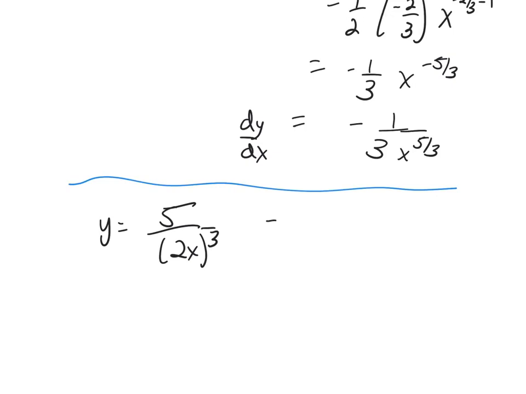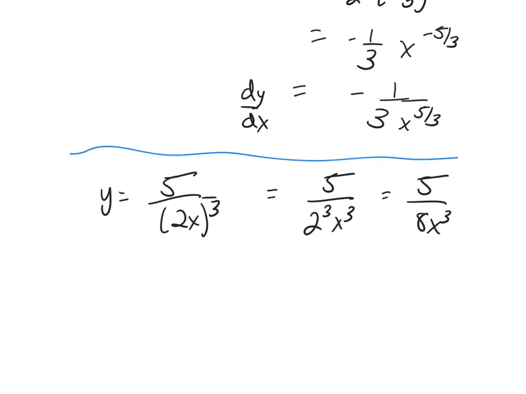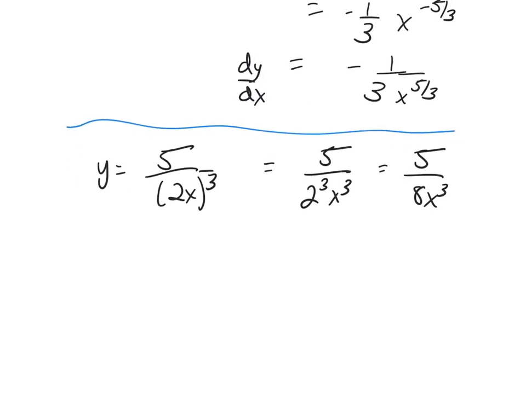You need to have it so you have x to a power by itself. So this would be 5 over 2 cubed x cubed. It's the same thing as 5 over 8x cubed. So now you can move it to the numerator, 5 over 8x to the negative 3rd.